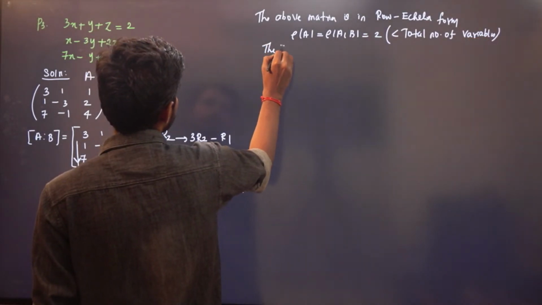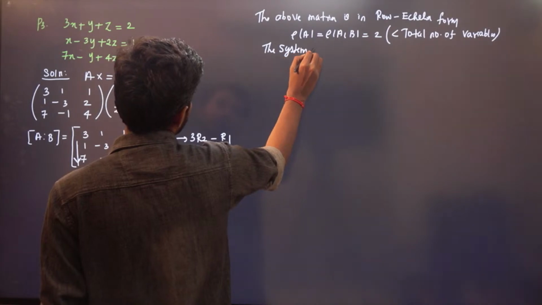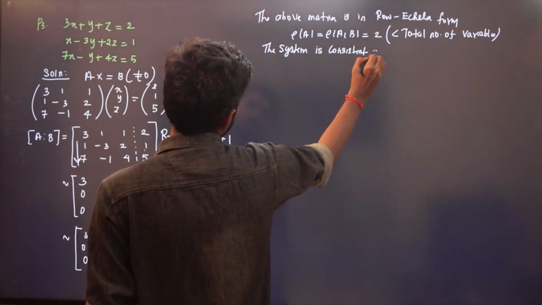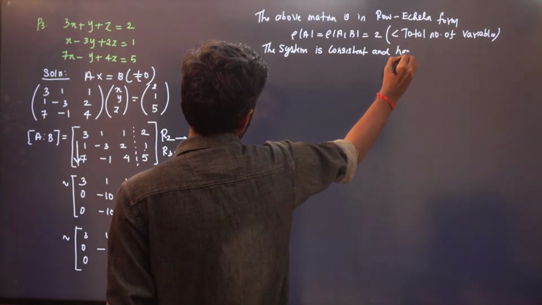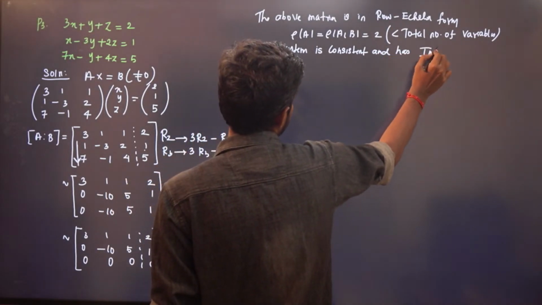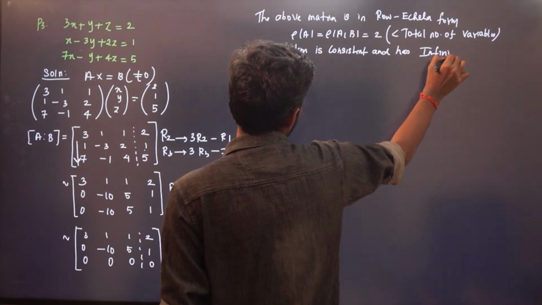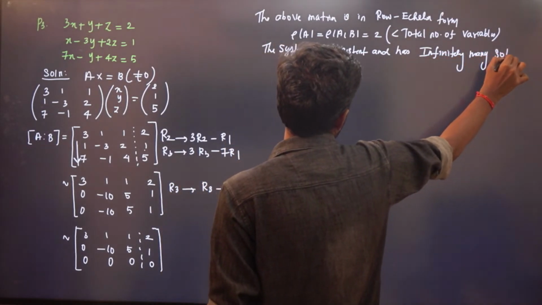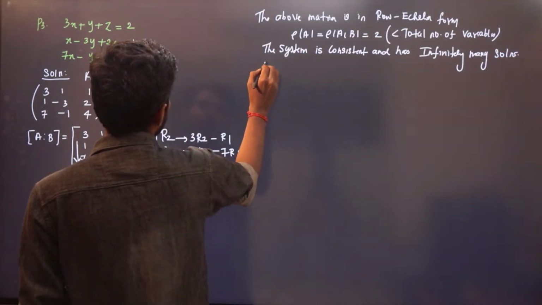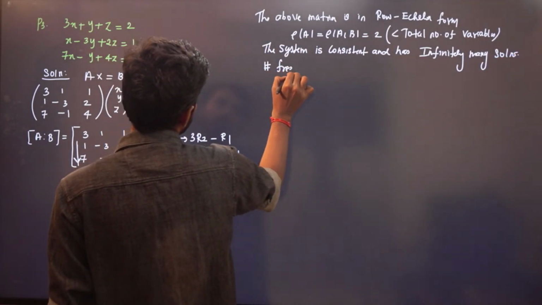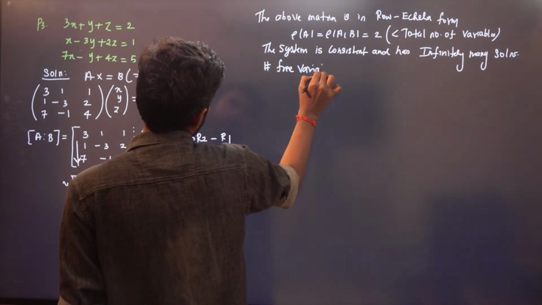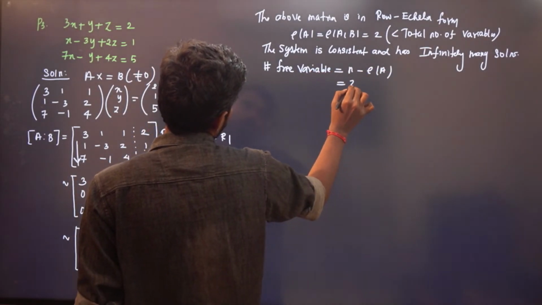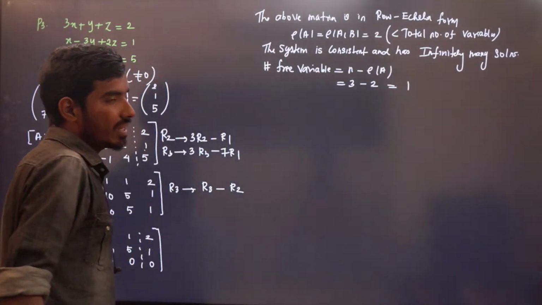So that means the system is consistent and has infinitely many solutions. And the number of free variables is n minus rank of A. So you have one free variable.